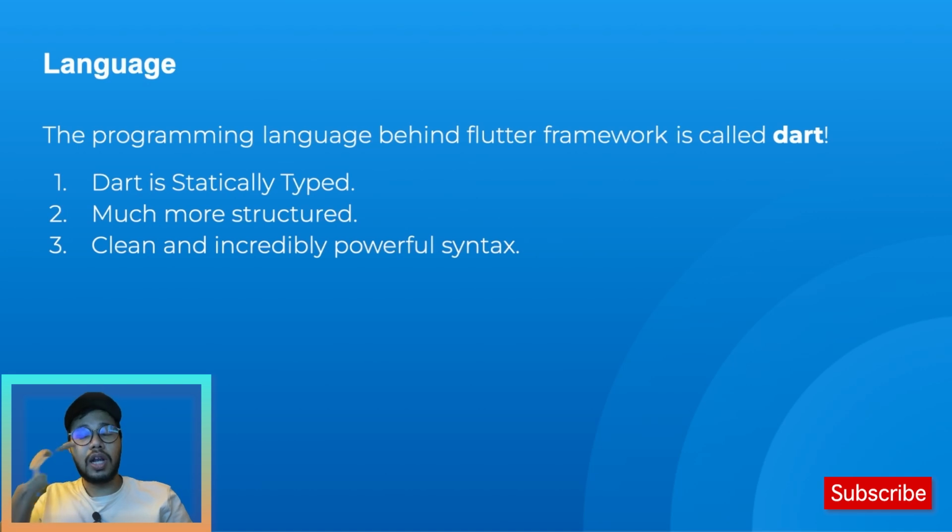You can use classes, for example, in object-oriented programming, or you can use functional programming. You can use it like JavaScript, and you can create apps like that as well. Because of that, it's very clean. You can use multiple architectures, multiple design patterns, and different programming paradigms. That is why it's very diverse, structured, and powerful.